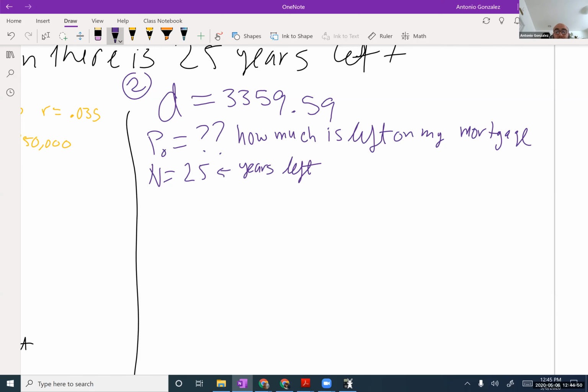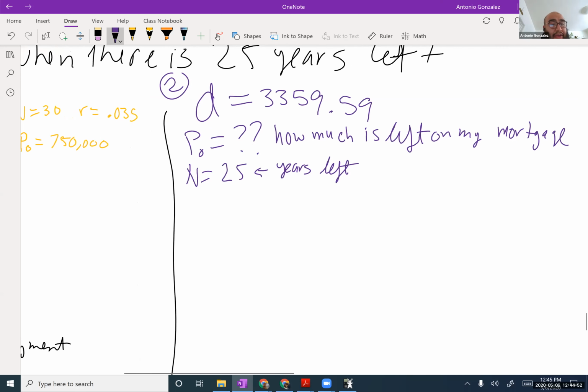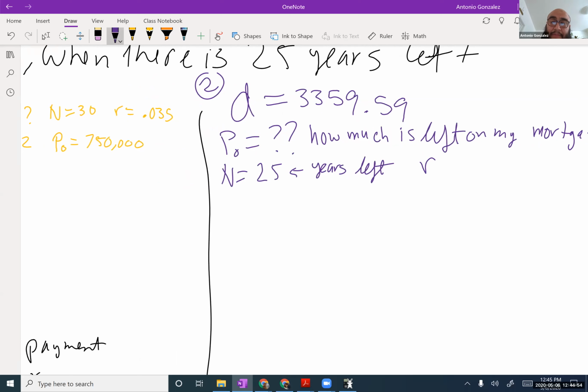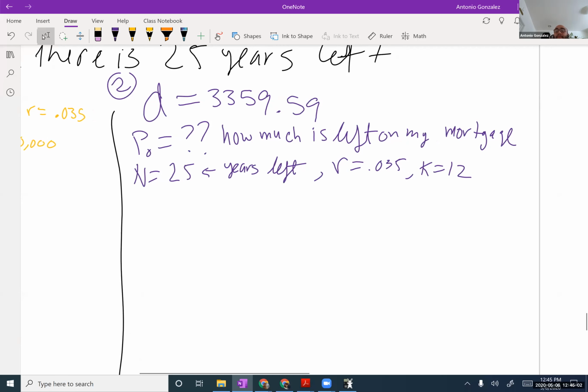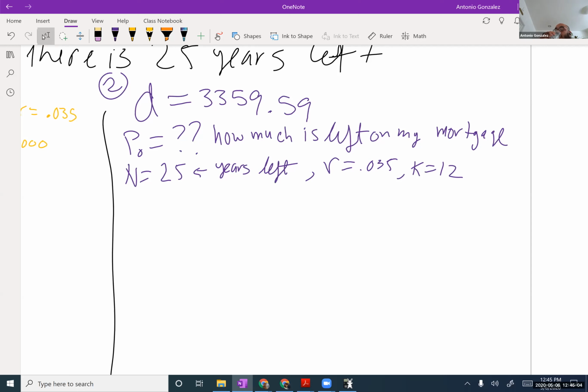And then for the calculation, the R will be the same. And then K is 12, our monthly payments. Any questions at this point?